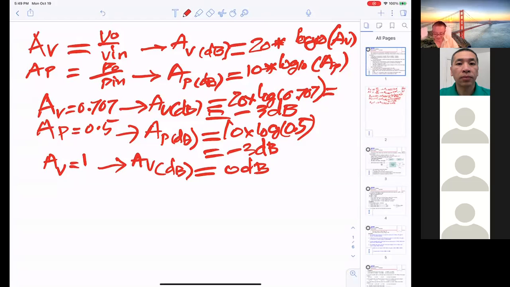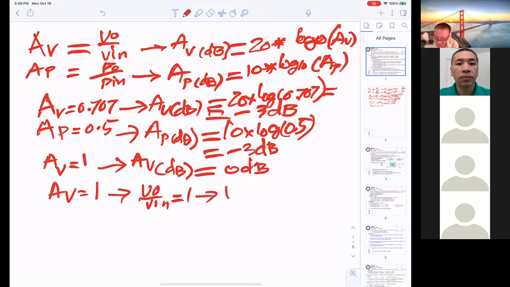Now, AV equal to 1, what does that mean? No gain. That is only telling you V out equals V in. Correct?